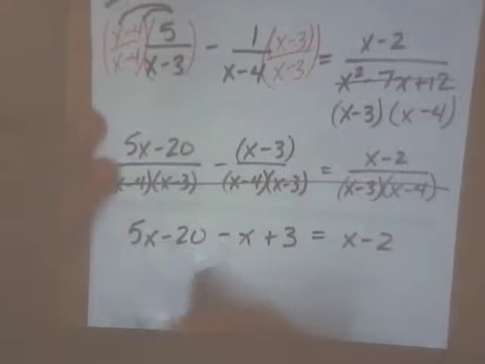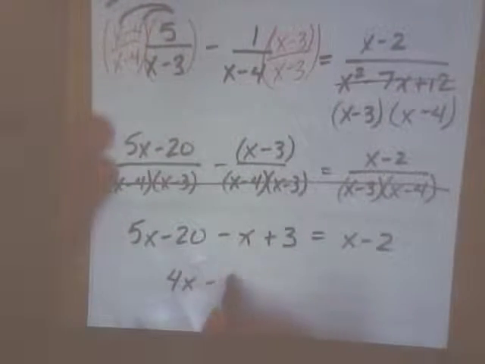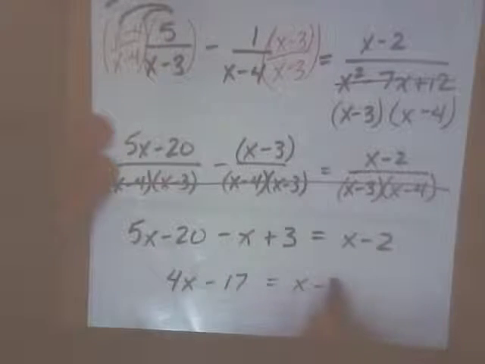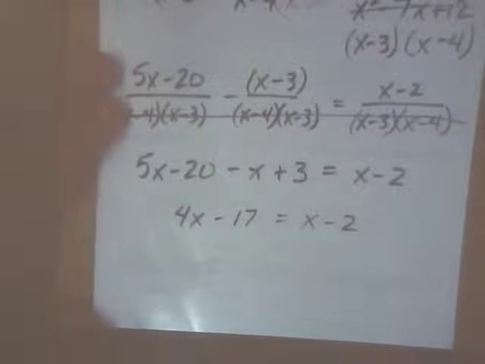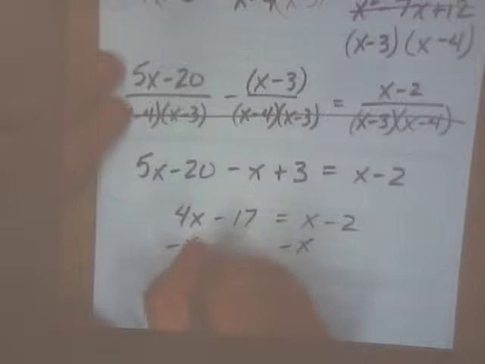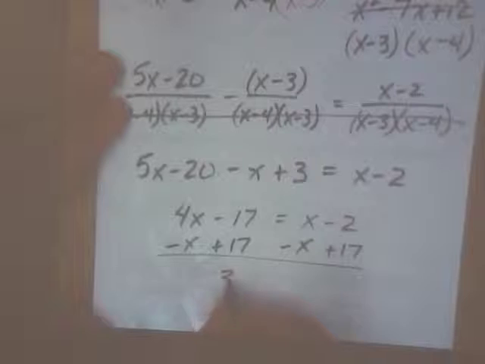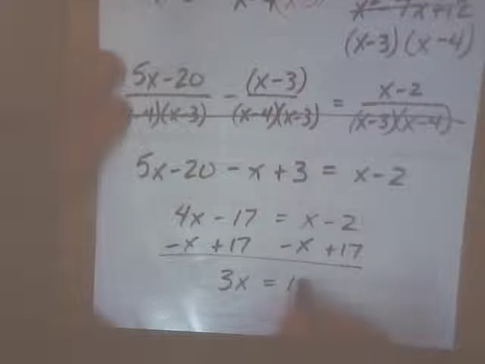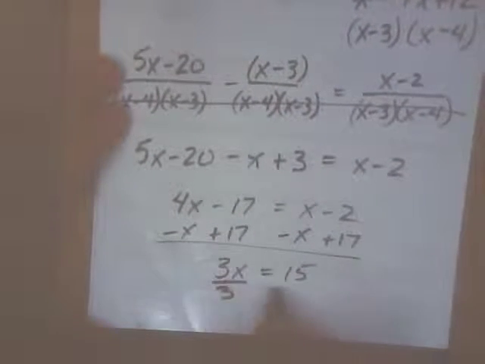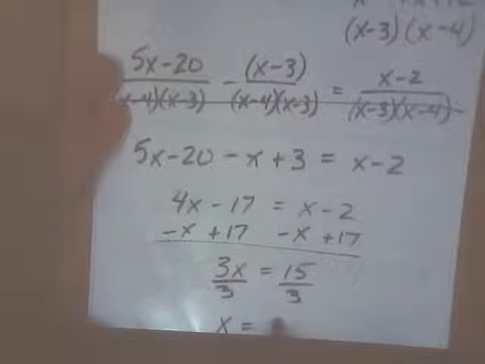Alright, so if I combine like terms, I've got 4x minus 17 equals x minus 2. Minus the x over, add 17. So that's 3x equals 15. X equals 5.